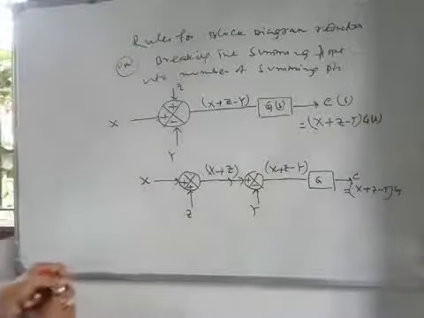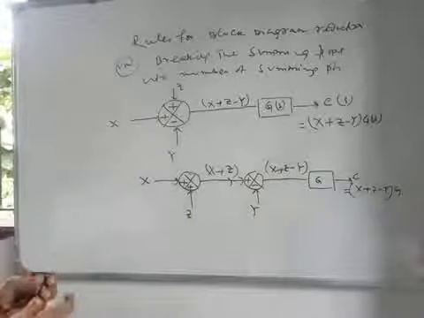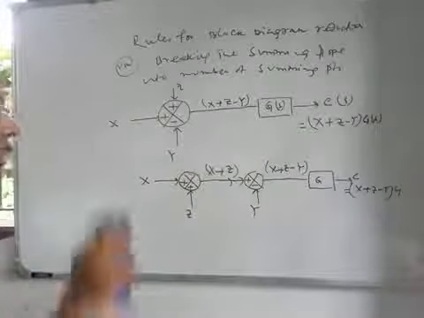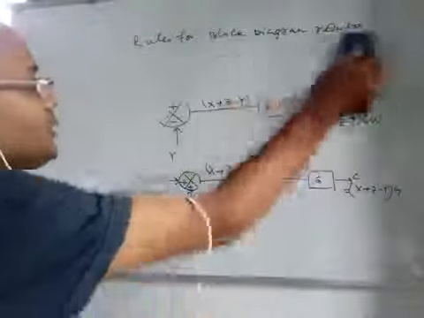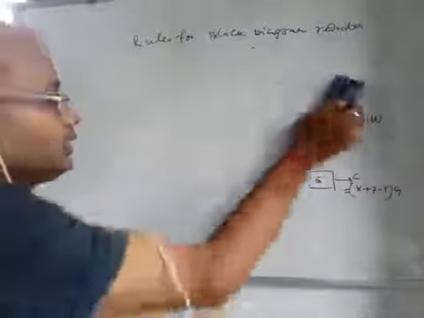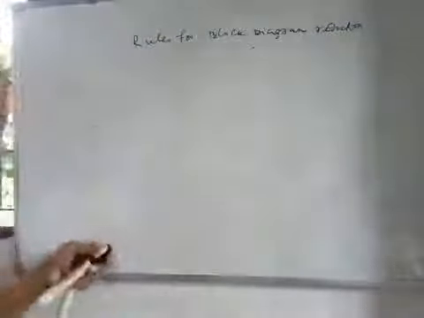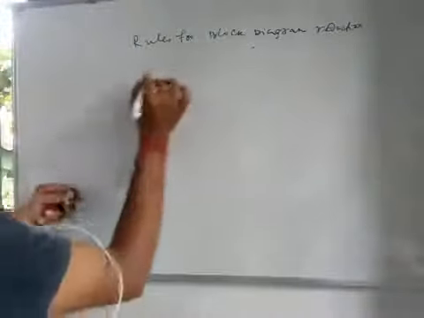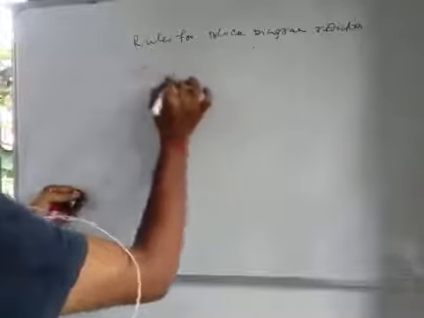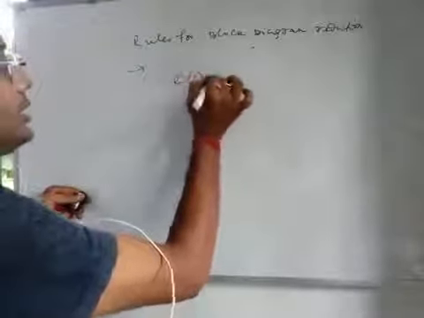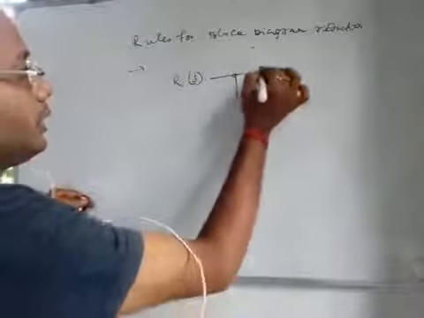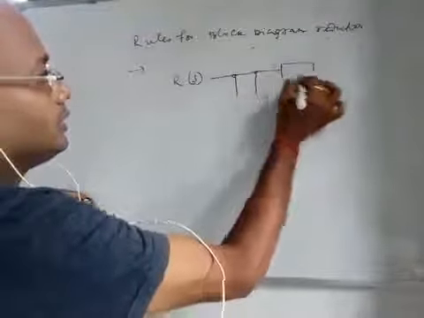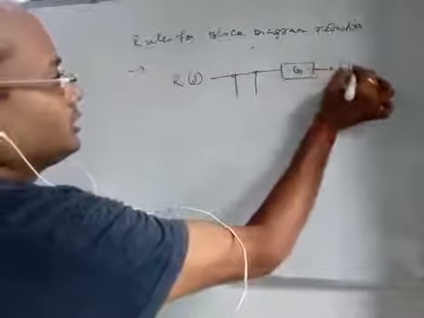And the last point, that is not an actual point, but a thing: if two takeoff points are residing side by side, for example, this is R(s), there is a block G, and this is your C(s), right?